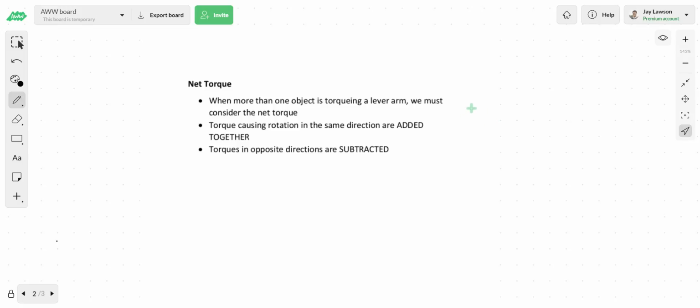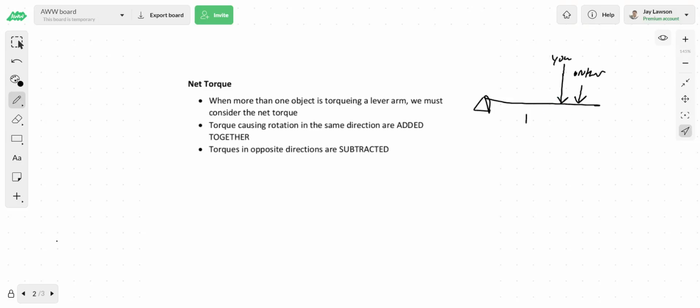When one or more objects are producing a torque on a lever arm, we have to consider what's known as net torque. For example, let's say we have a lever and we have a force applied this way and another force applied. Let's say you and your little brother are pushing the door. This would be you, this would be your brother. It may not seem like your brother is helping because you're probably going to produce a larger force, but you're both producing a torque on it.